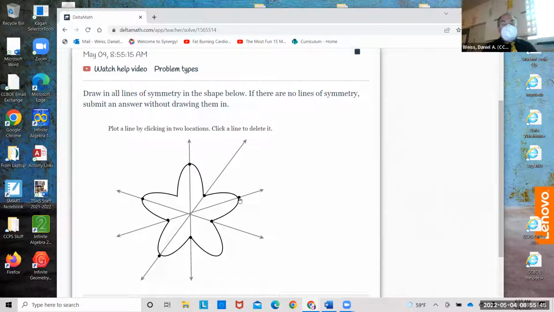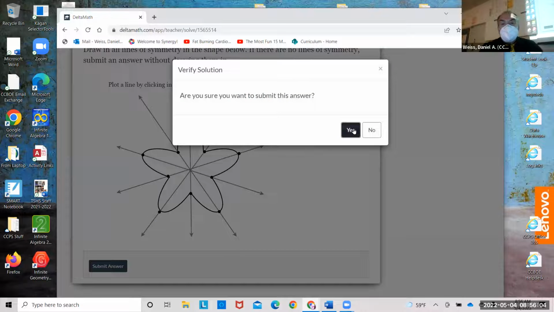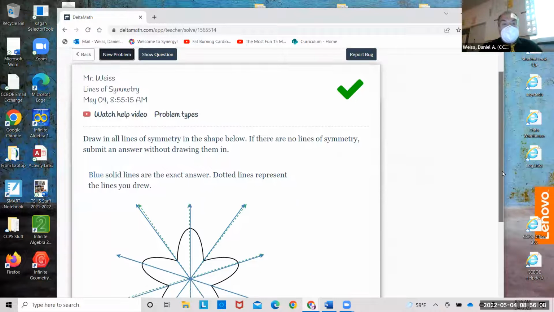Those are my lines of symmetry. I need to click 2 dots. Oh, there's one more here and here. Those should be all of my lines of symmetry, okay? I gotta click 2 dots. I click in 2 locations in order to create a line of symmetry, okay? And that is how you do the lines of symmetry.